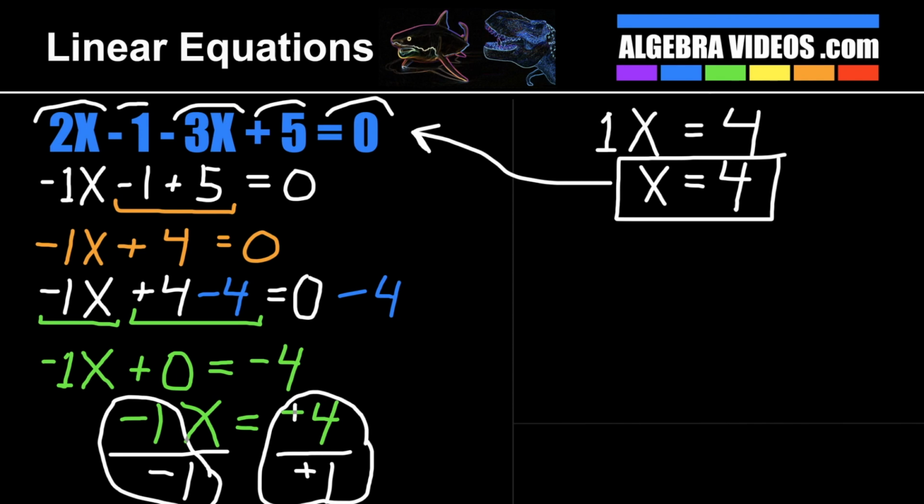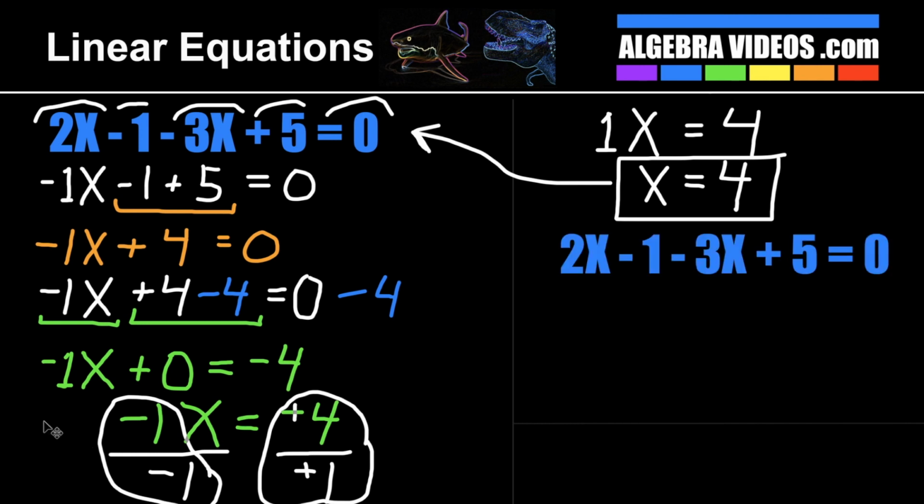Okay, so I'm going to rewrite the original equation. And there it is. And everywhere that there's an x, I'm going to plug in our solution of 4. So this first term is 2x. So I'm going to rewrite that as 2 times x, but we're plugging in a 4 for every x, right? So that becomes 2 times 4. And then the next term is minus 1, so I'll just rewrite a minus 1.